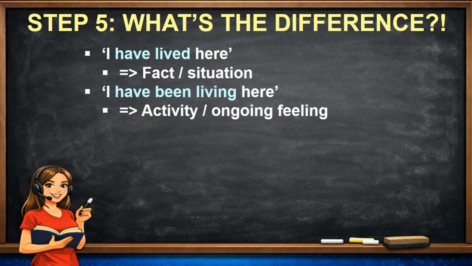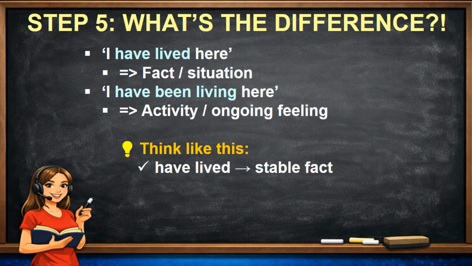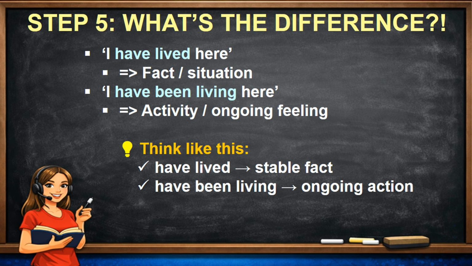While I have been living here for 5 years, it means this is an event, activity, or an ongoing feeling. So, think like this. Have lived: it is a stable fact. While have been living: it is an ongoing action.